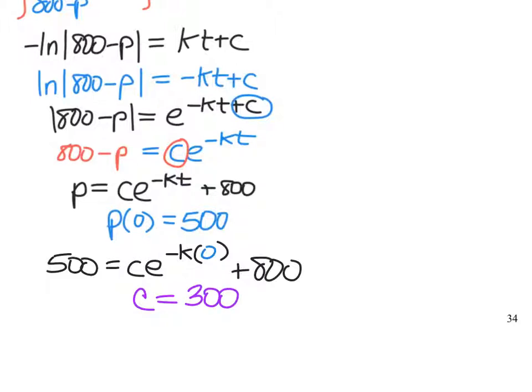We know that because anything to the 0th power is 1, so this e part is canceling out. So this would become C plus 800 is equal to 500. C would have to be negative 300 in order for that to be a true sentence. Would it be negative 300? Yeah, as I said. All right, so I have the C value. That's good news.